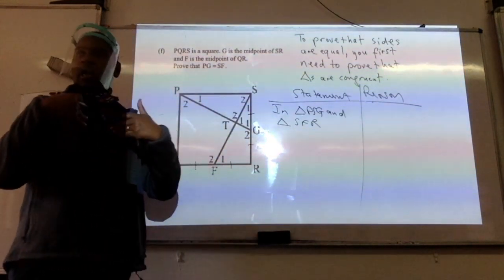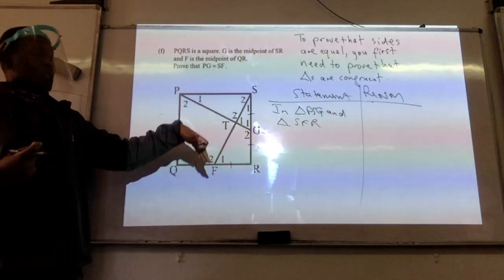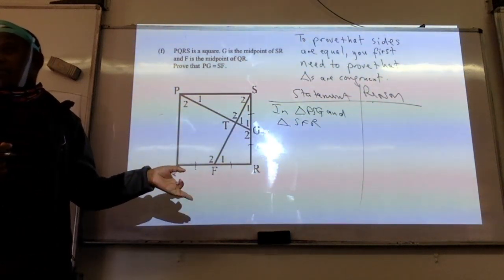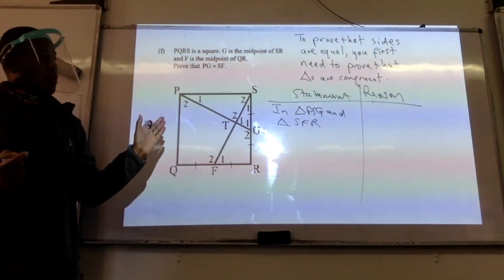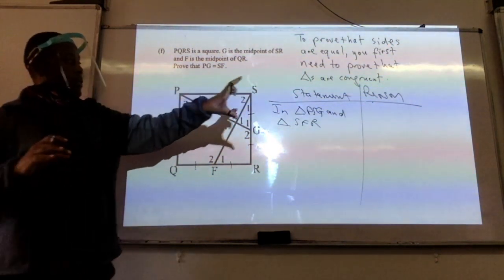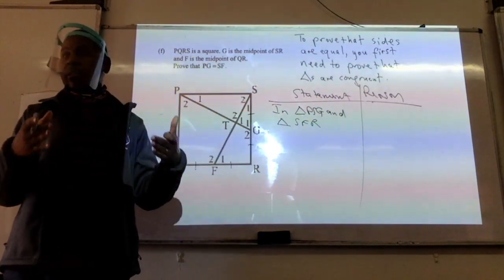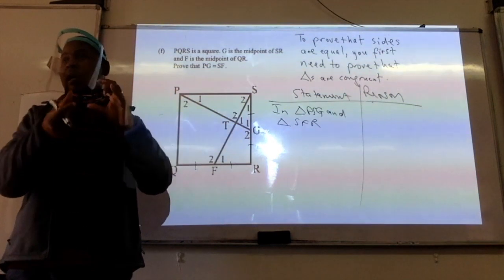It will help me a lot if I'm reading your work to know which triangles you are using. Because guys, you notice there are so many triangles here. So in these two triangles, do you agree? Anna? The naming for the second triangle is wrong. No, at this stage, don't worry about the order of the naming, because right now you don't even know which ones are congruent.